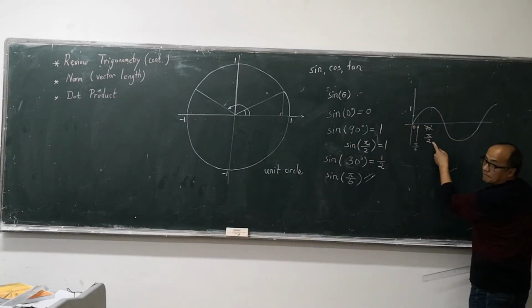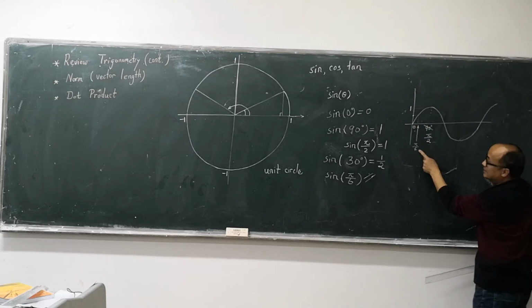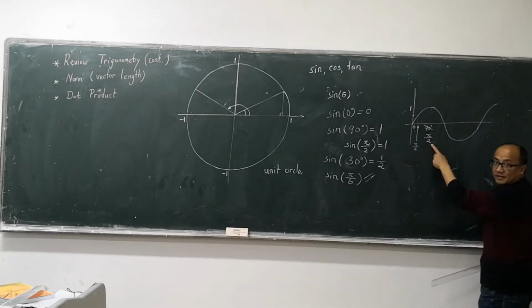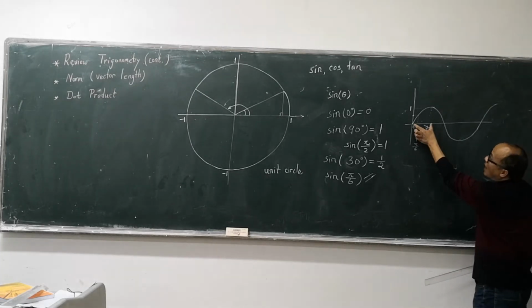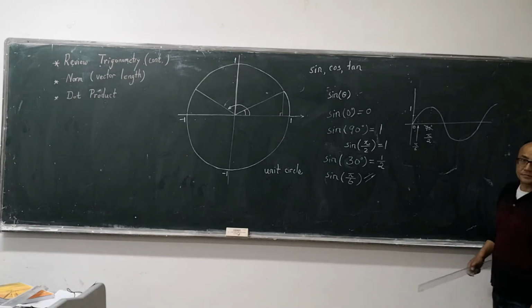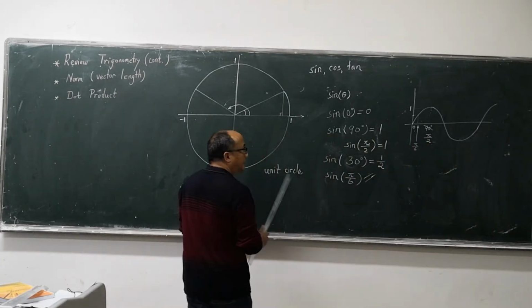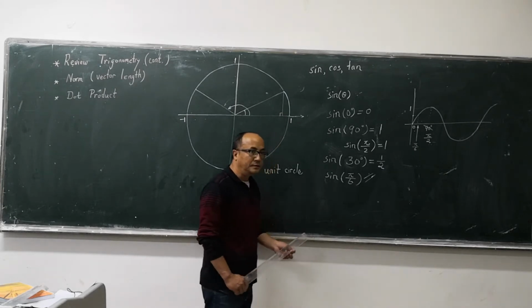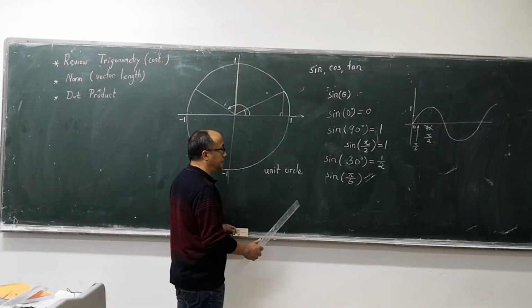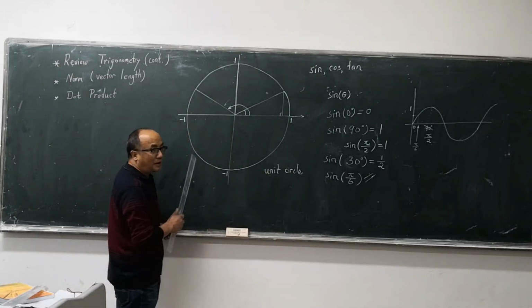So this is a half pi, and this is one third of this. So 1/3 of half pi is pi over 6, over here. Following? Pi over 6.